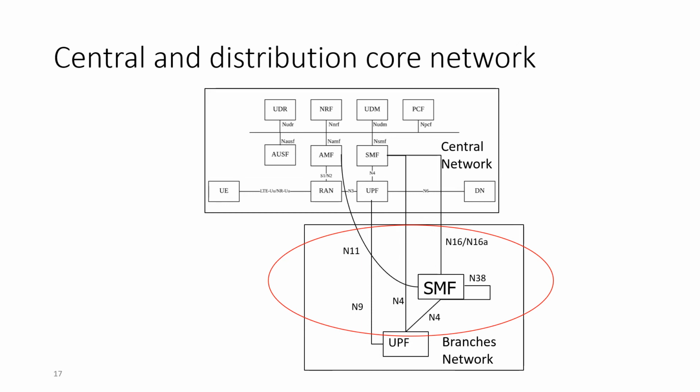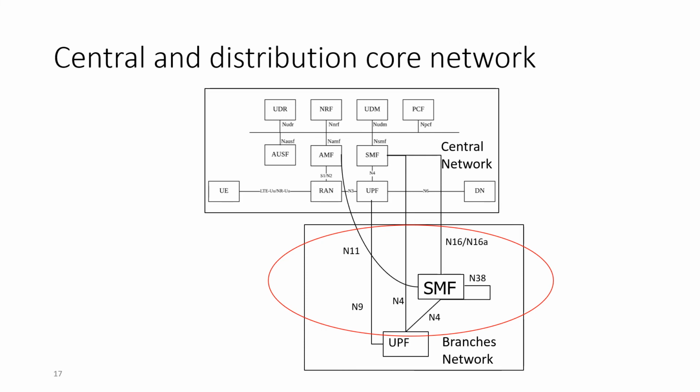Also, as discussed just now, we can have the SMF in the central network control the SMF in the branches network via the N16a interface. But if we are concerned about latency, the command sent from the central network to the branches network might take a long time.